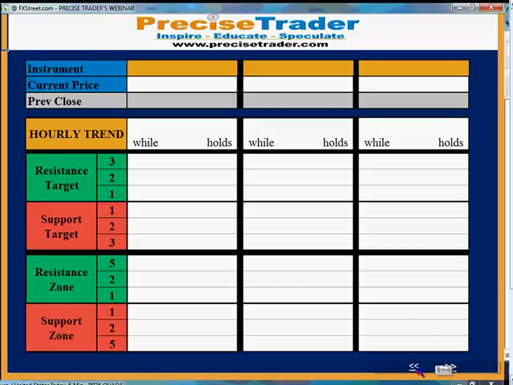And you must also understand that we are working on probabilities. When we work on probabilities, when the odds are in our favor, that's where we capitalize on it. But sometimes, when the market is not clear, that's the time we have to be very careful, or extra careful.